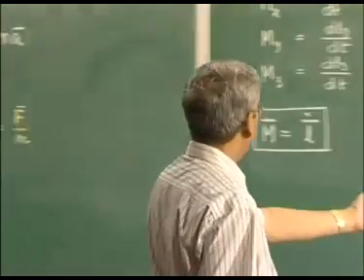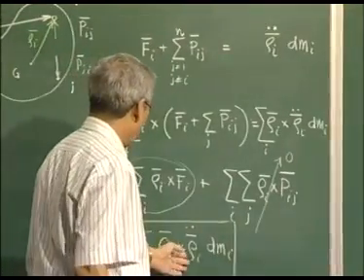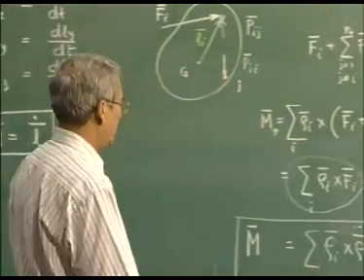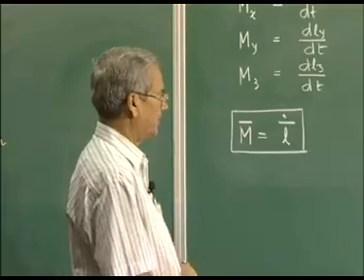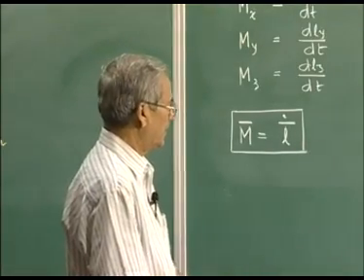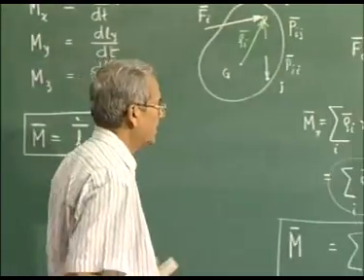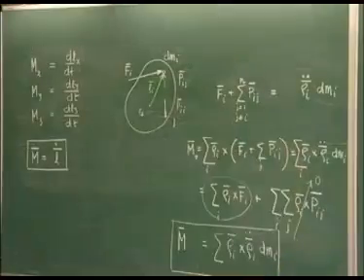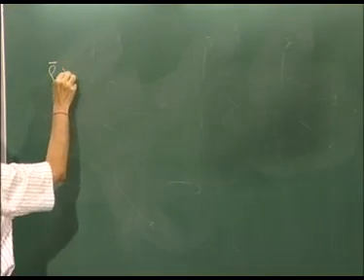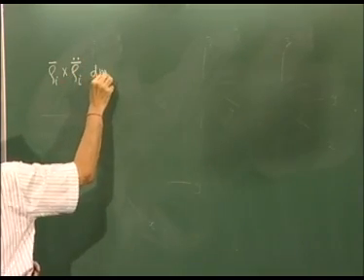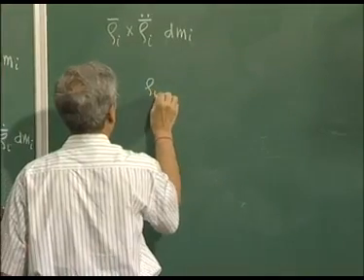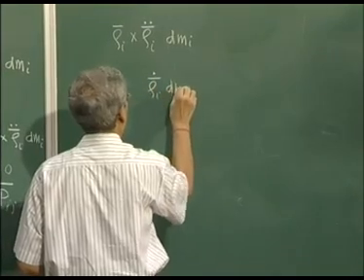Now this quantity can be shown as the L dot. To do that, I think you have to only express rho into its components x, y, z.